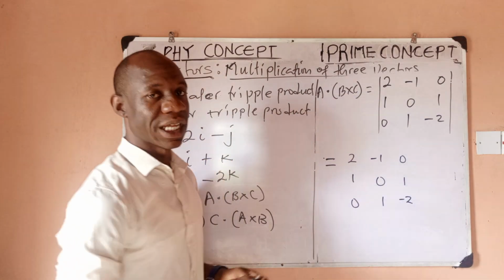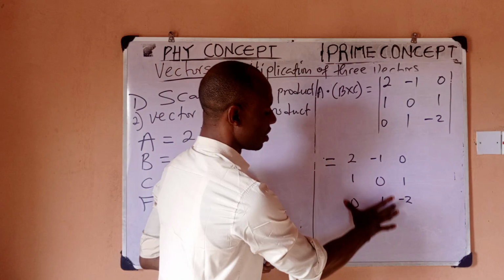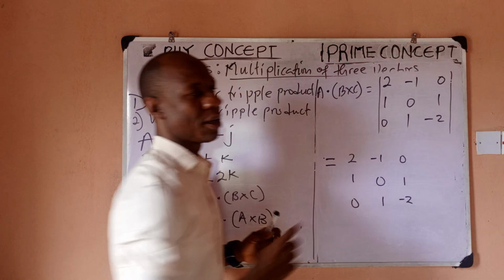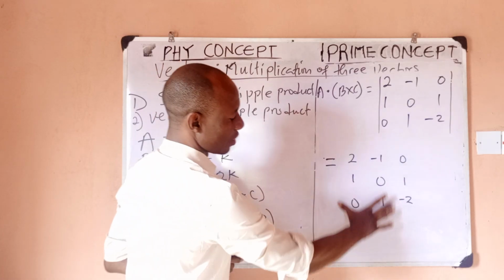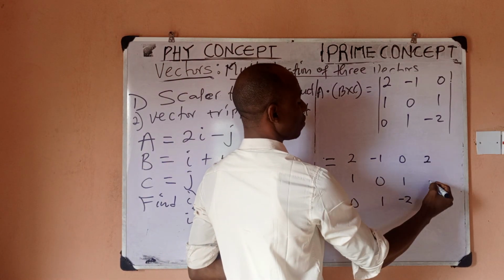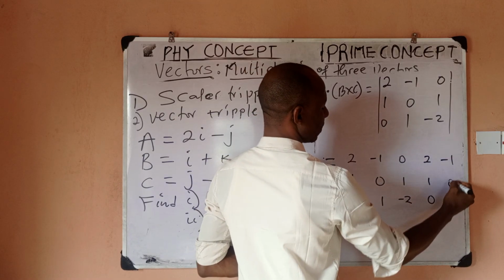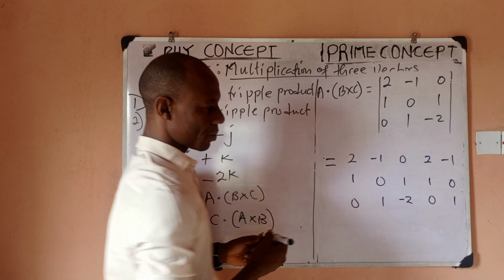Now, this is the original matrix. To use this method, I'm going to reproduce the first 2 columns in front. So I'll have 2, 1, 0, then minus 1, 0, and 1.